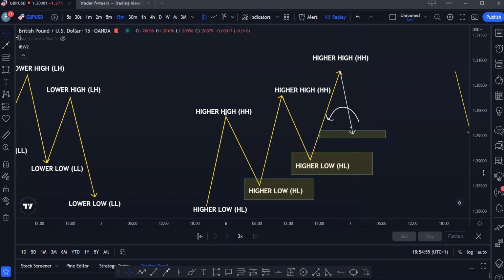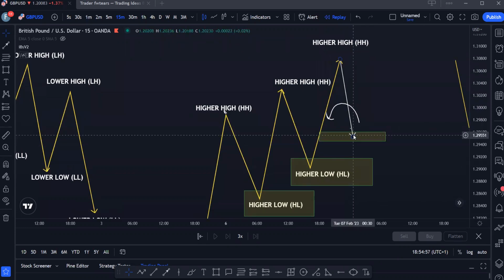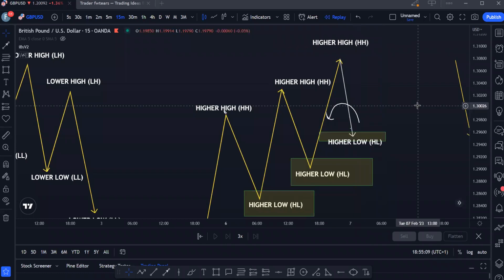And if the buy opportunity kicks in, that zone will become our higher low. We'll take a look at an example in the live market shortly. All right.